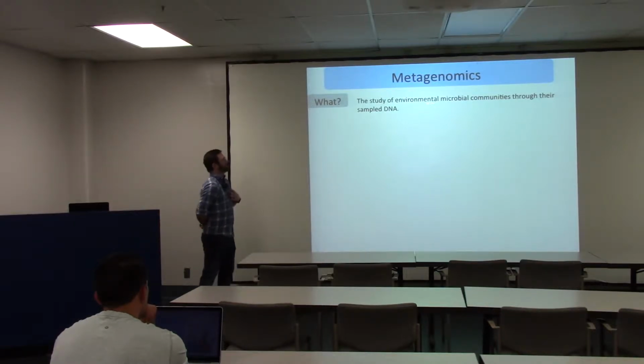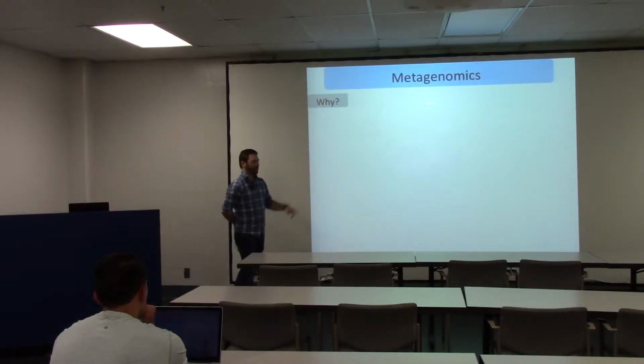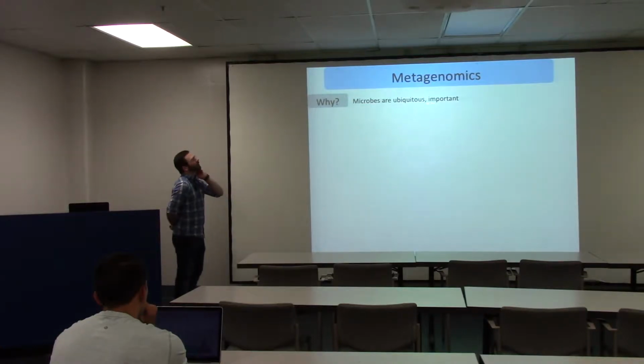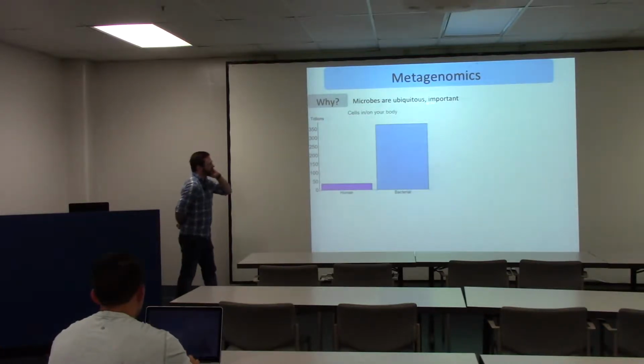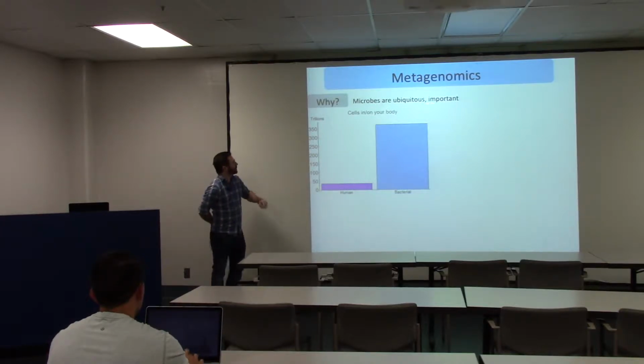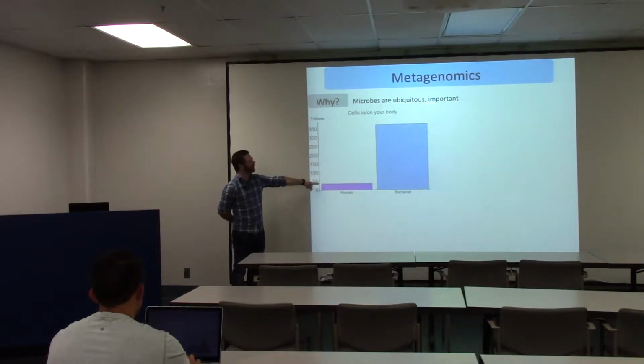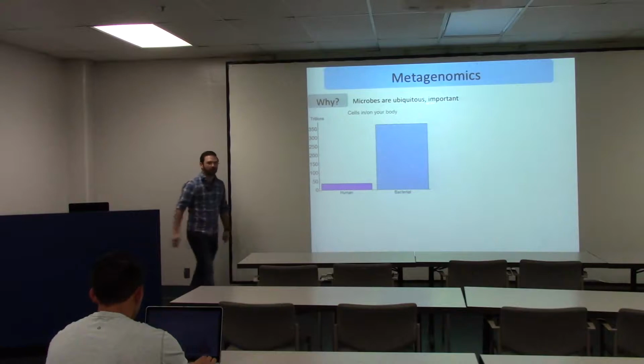But for me, one of the most important questions to answer is why metagenomics? The following few figures I think are pretty dang interesting. Microbes are ubiquitous and important. So let's talk about the cells in and on your body. Over here we have trillions of human cells in and on your body, and that right there is bacterial cells vastly outweighing the number of human cells.